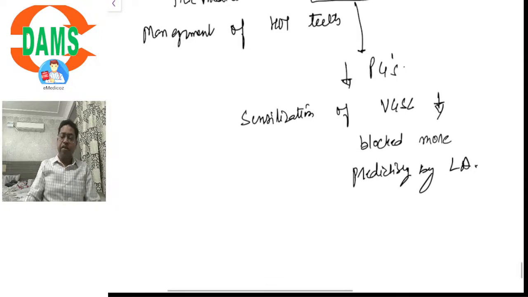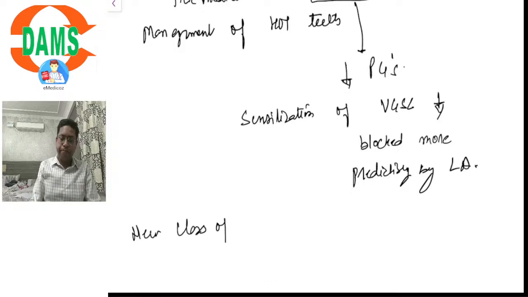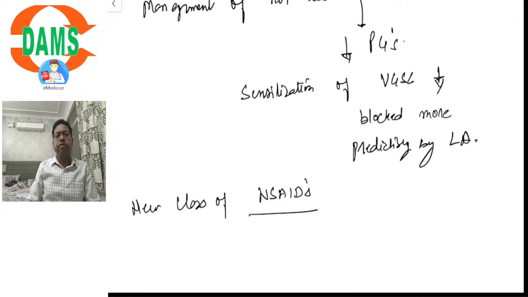Okay. There is a new class of non-steroidal anti-inflammatory drugs, which are called CINODs or nonacetes.